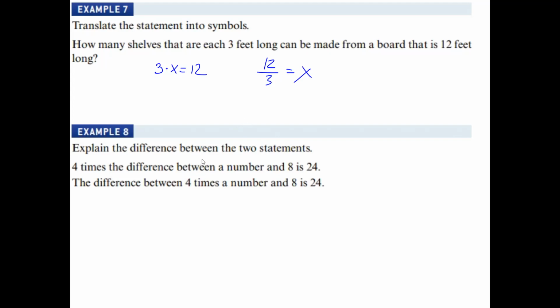Explain the difference between two statements. 4 times the difference between a number and 8 is 24. So what do we write? 4 times the difference between number and 8. Difference between 4 times the number and 8 is, that's the difference.